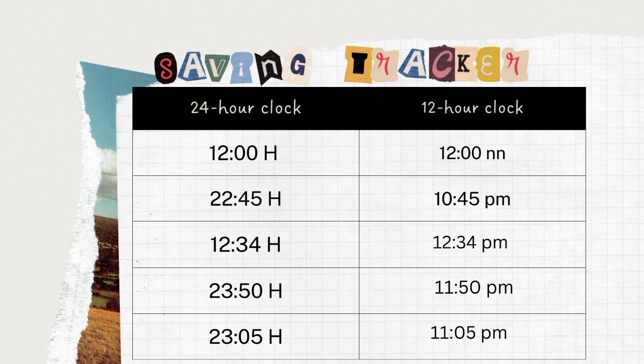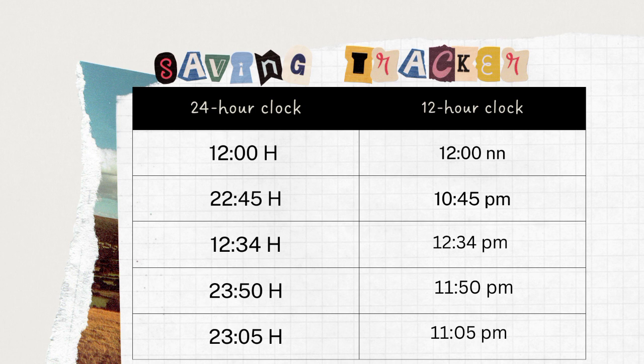So, converting 24-hour clock into 12-hour clock. So, we have here 1200 hours. So, kapag kinonvert natin yan is umaga pa yung 1200. So, magiging 12 noon.